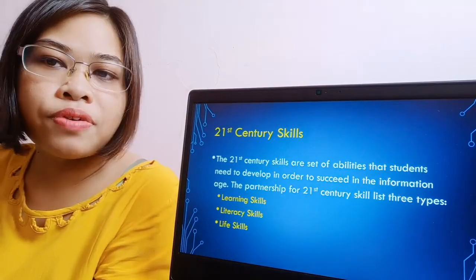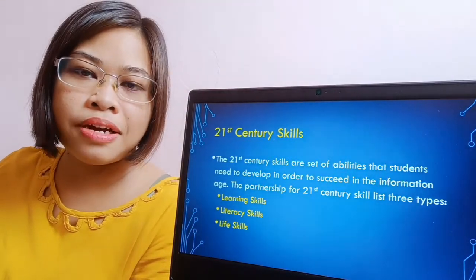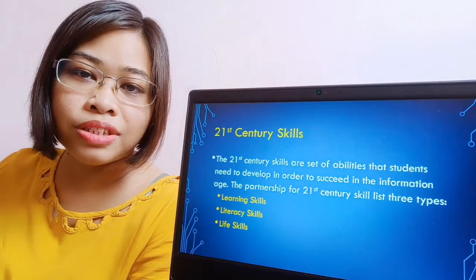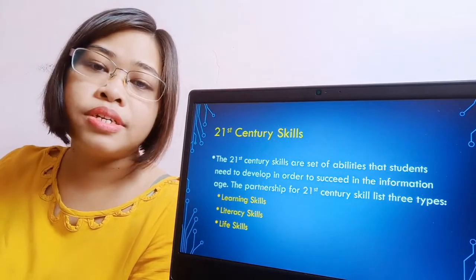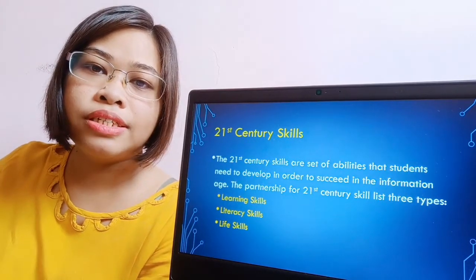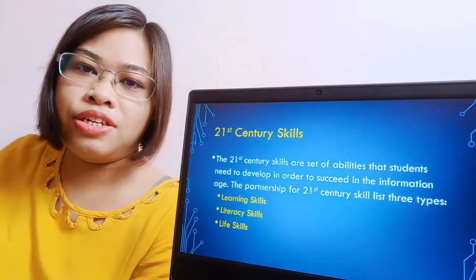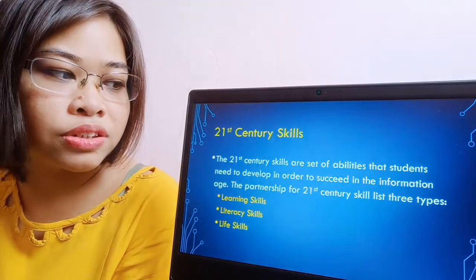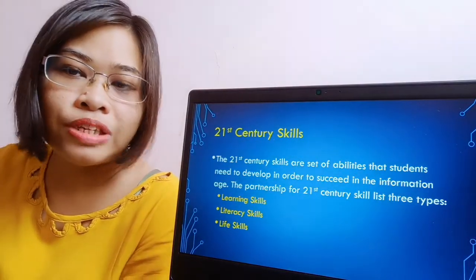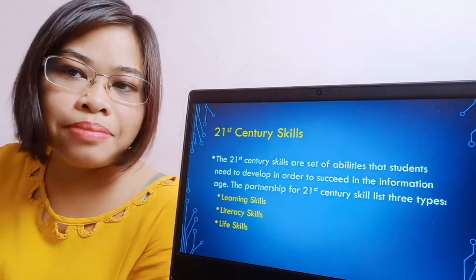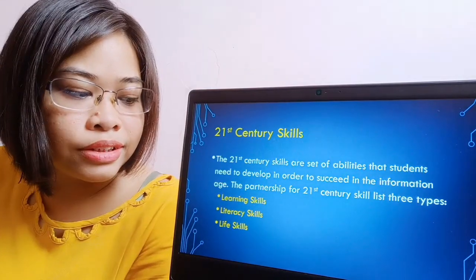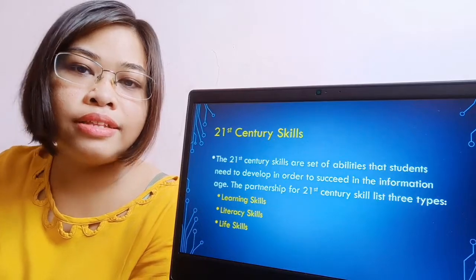Here are the 21st century skills. These are the set of abilities that students need to develop in order for them to succeed in this information age. The Partnership for 21st Century lists three types: the learning skills, literacy skills, and the life skills.